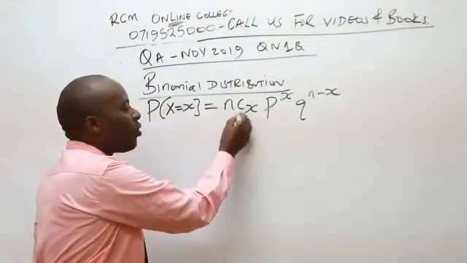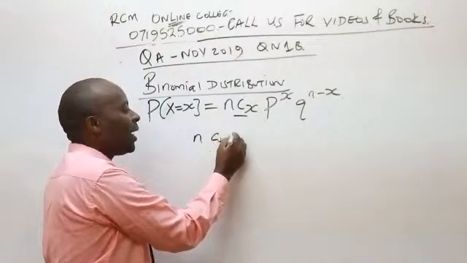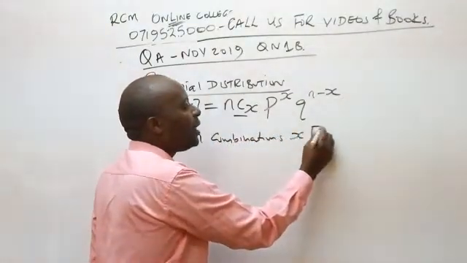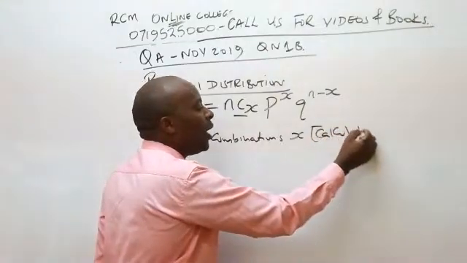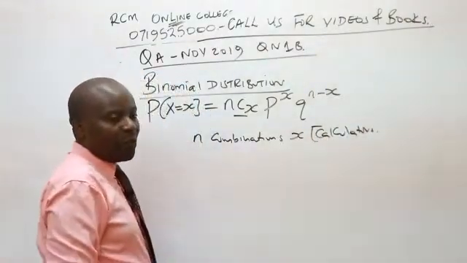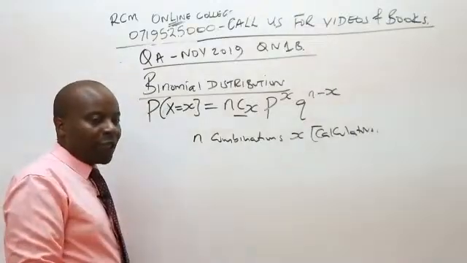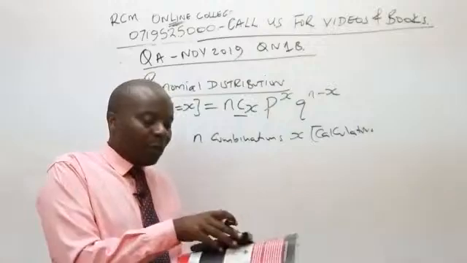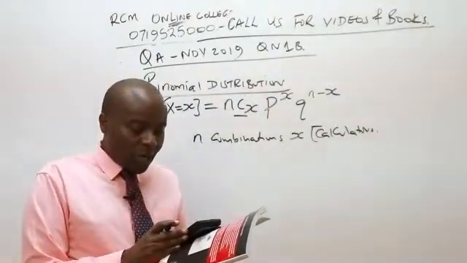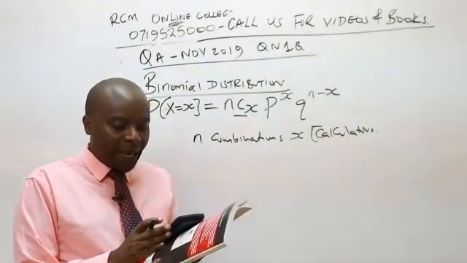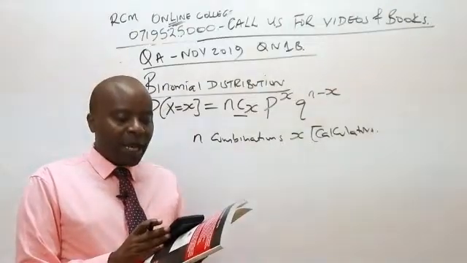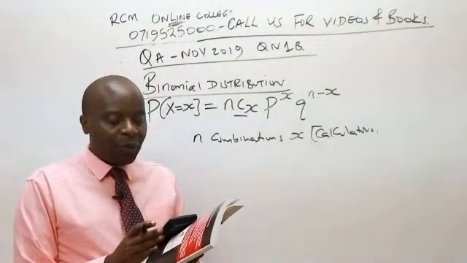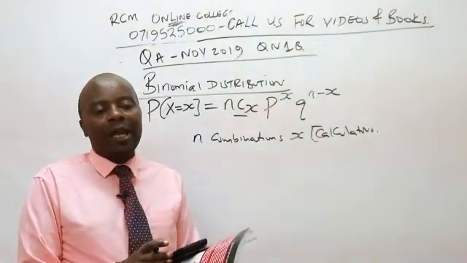The n combinations x is found in your calculators. That is what you need to know. Once you have your calculator, you'll be able to see the NCR function somewhere close to shift or alpha.